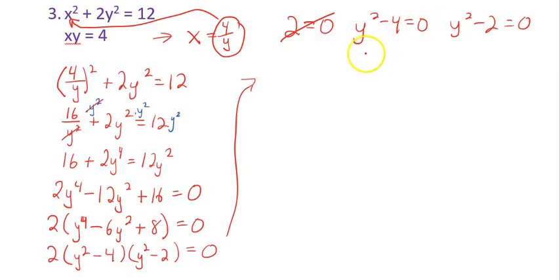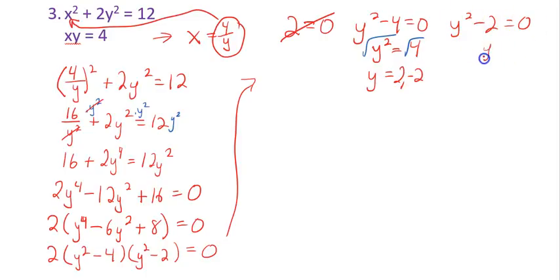Y squared minus 4, I can add the 4, and then when I take the square root, I have to remember to do the positive and the negative. So square root both sides, square root of y squared is y, square root of 4 is positive 2 and negative 2.